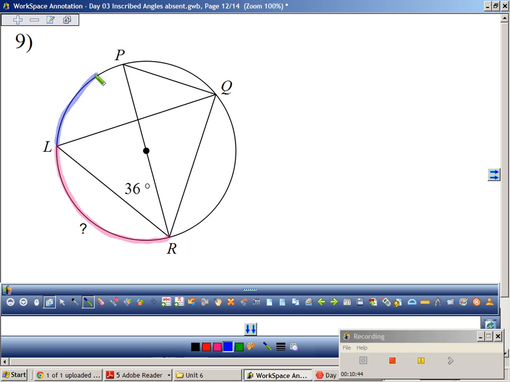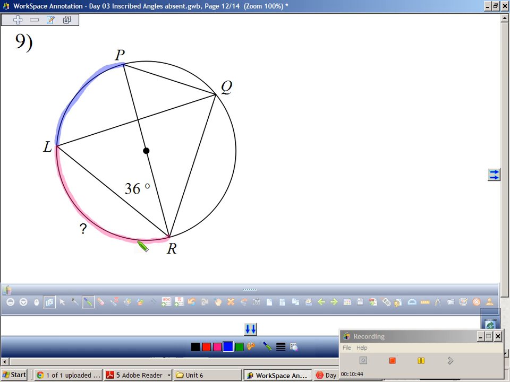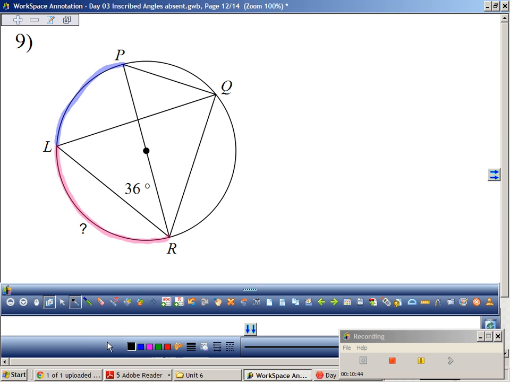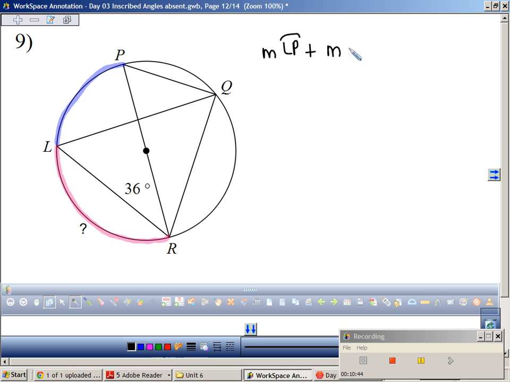It has LP. But notice as I combine the two arcs, they make half of my circle. And I know half of my circle is 180 degrees. So let's write that. So the measure of arc LP plus the measure of arc LR equals 180 degrees.